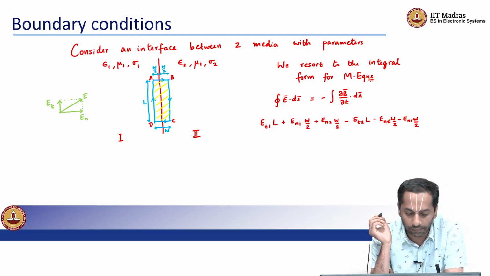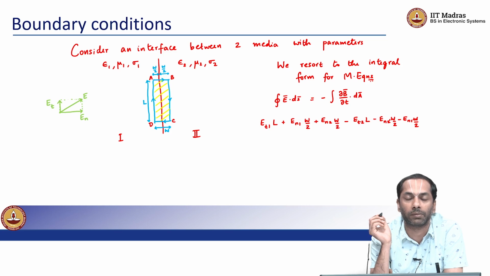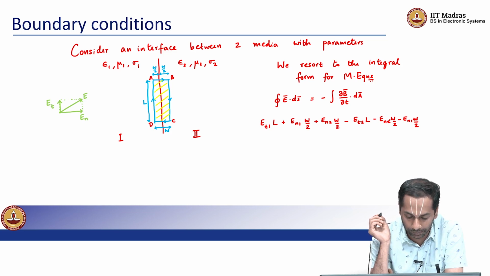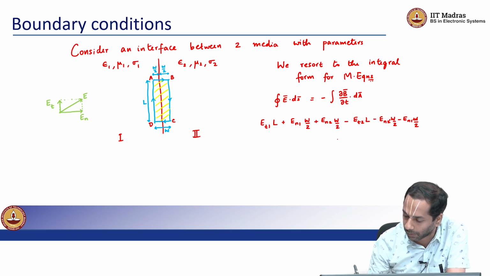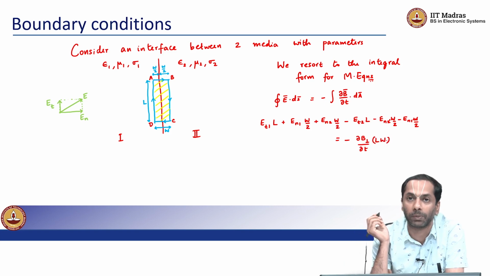So the normal components measured at A, B and the normal components measured at C, D could be slightly different, because of the spatial separation by L. And the right hand side is going to equate to minus dB perpendicular by dt times L W. B perpendicular is the magnetic field perpendicular to the plane of the screen that I am writing on.